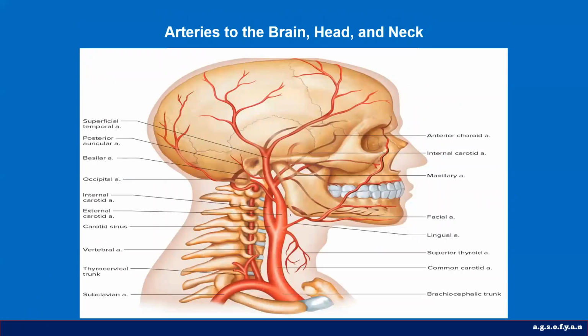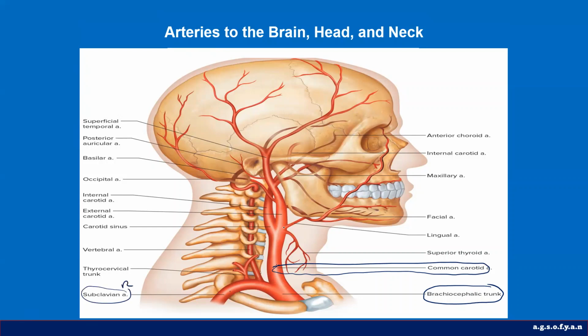This is the one going up to the brain, okay? And this is going to be the right side, because if you see, the brachiocephalic trunk is branched from the right side of the arch of the aorta, going up, branching into the right common carotid artery and right subclavian artery. So this is on the right side.